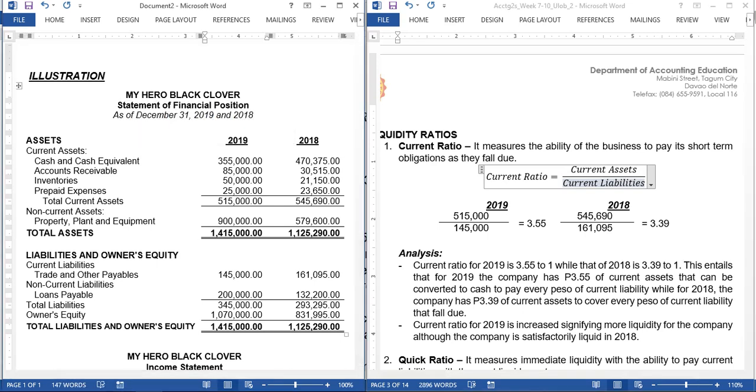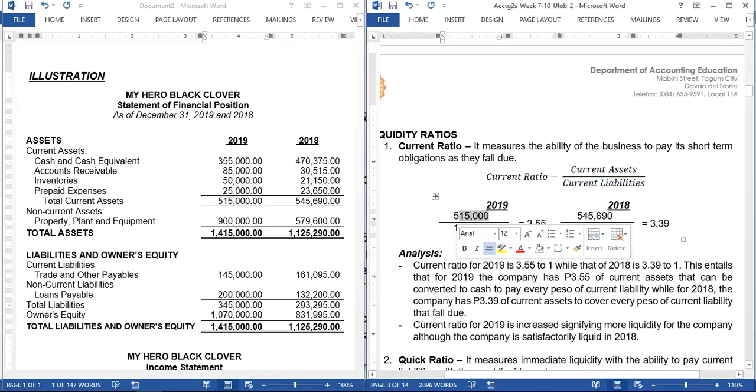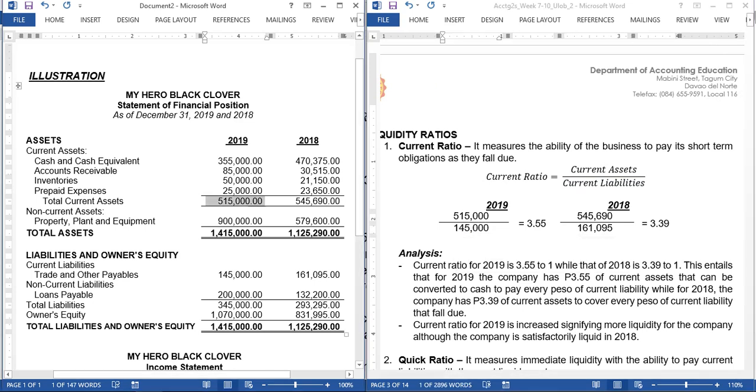So, here, magkano yung current asset for 2019? So, nasa current asset na 550,000. So, 515 divided by current liabilities na 145. So, 145 na current liabilities here. So, nasa 3.55 times. Okay?